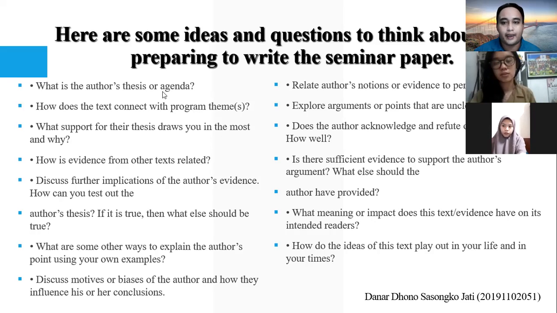Does the author acknowledge and refute other arguments? Is there sufficient evidence to support the author's argument? What else should the author have provided? What meaning or impact does this text have on its intended readers? How do the ideas of this text play out in your life and your times?